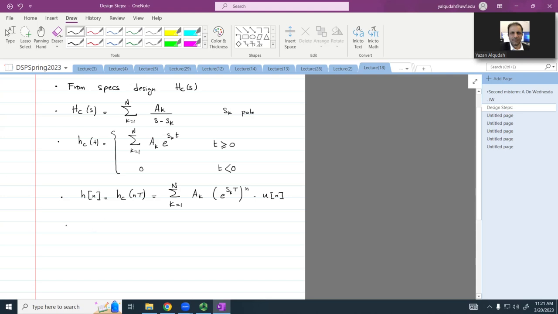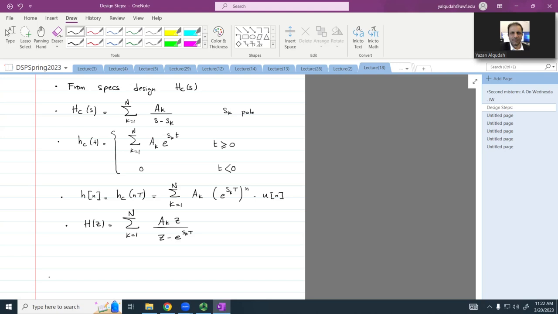Okay. Now that we have h(n), we can get H(z). What is H(z) going to equal to? From k equal 1 to N, A_k multiplied by z divided by z minus e to the power of s_k multiplied by T. So this summation, you can think of it as a summation of a constant multiplied by a to the n.